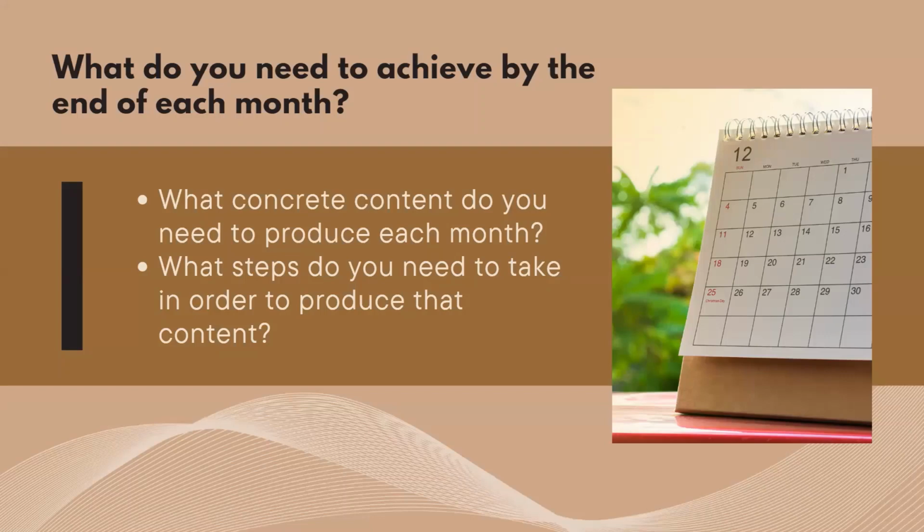What concrete content do you need to produce each month? And what steps do you need to take in order to produce that content? Again, we're trying to be specific and measurable in developing our goals. It's not about what we need to do in terms of the work, but what do we need to develop in terms of the product?